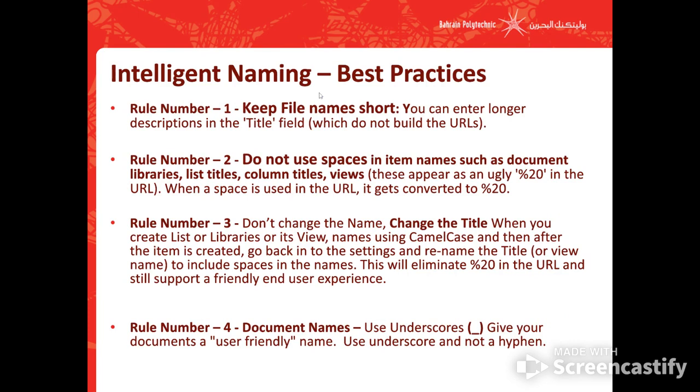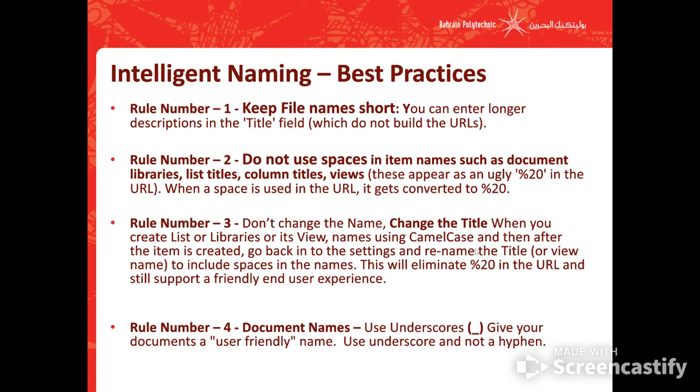Intelligent naming. Keep file names short. Don't use spaces in names of documents or libraries, lists, column titles or views. They add a %20 to the URL, and it looks ugly. Try not to change the name, change the title.